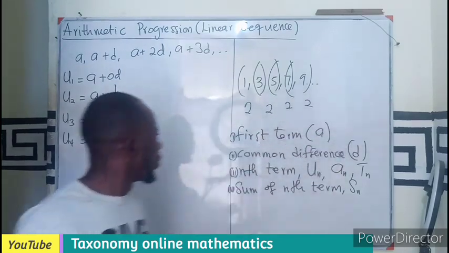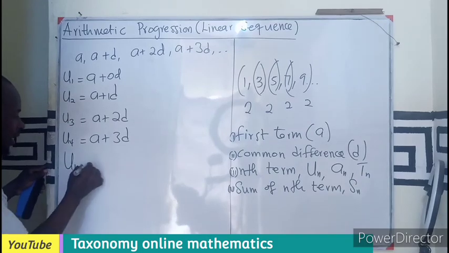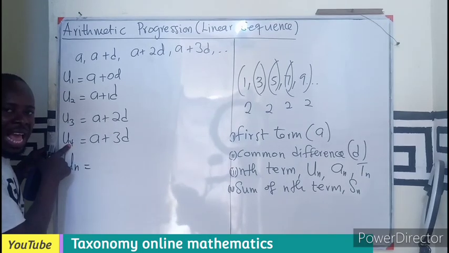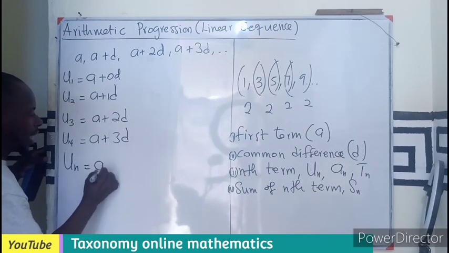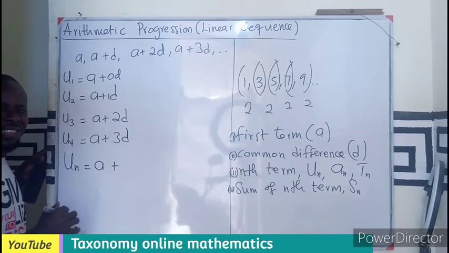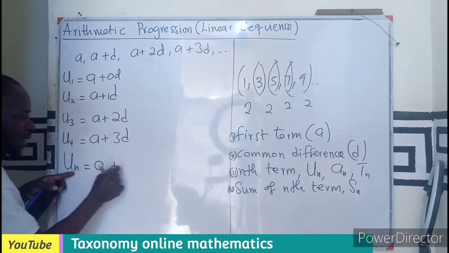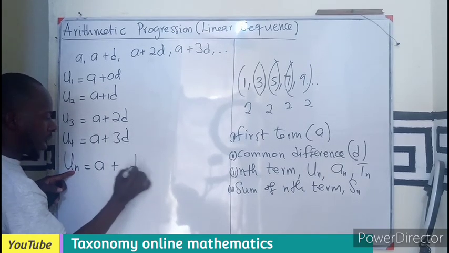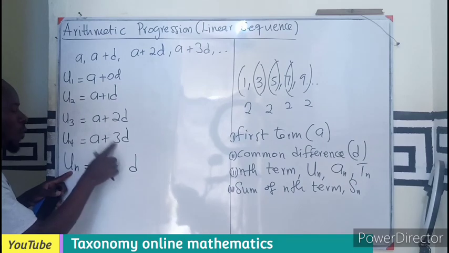So if we say UN stands for the nth term, and I want to find the 15th term, I'll represent this as n. The A is the same in all of them, so I put my A there. Now, what is the relationship between the n and the number in front of D? For me to get this, I have to find the difference of 1.